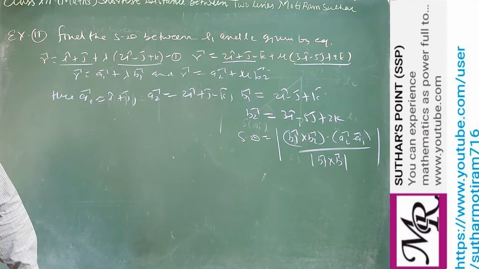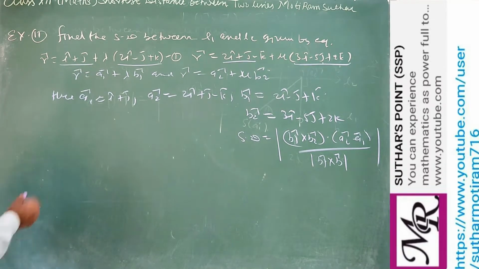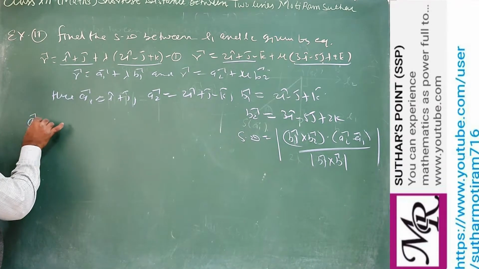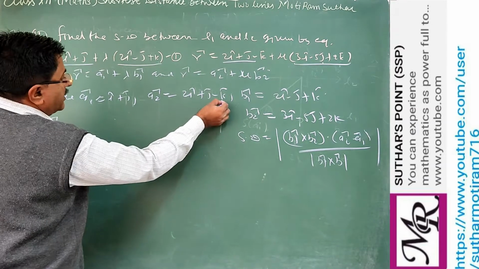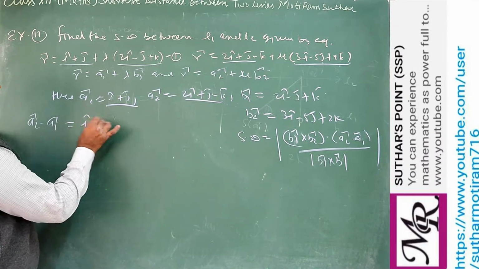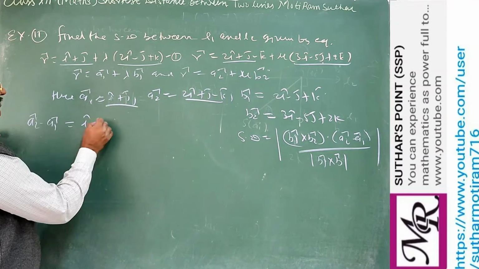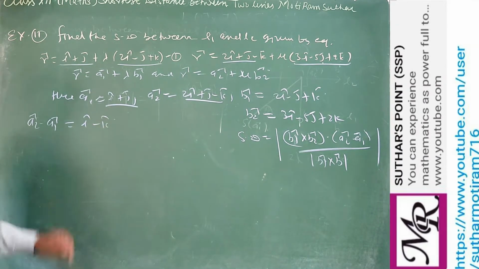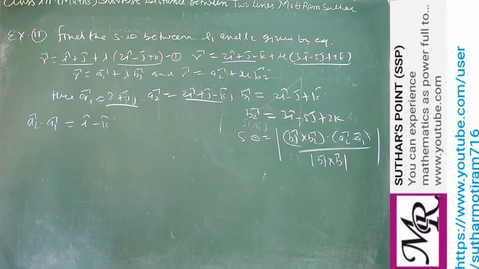Clear? So see here, dear student, we solve this by taking vector a2 minus a1. Separate this vector minus this. So 2i minus i, that is i, j minus j, 0, minus k, that is minus k. So we get vector a2 minus a1. Clear?